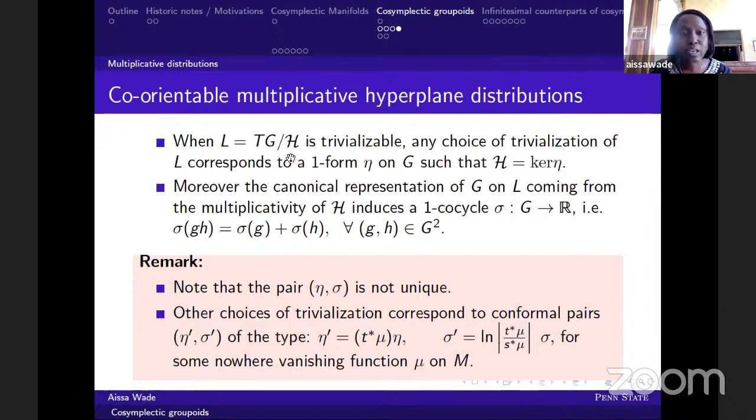So in this case, where my hyperplane distribution is coorientable, I have a pair that I call eta and sigma.